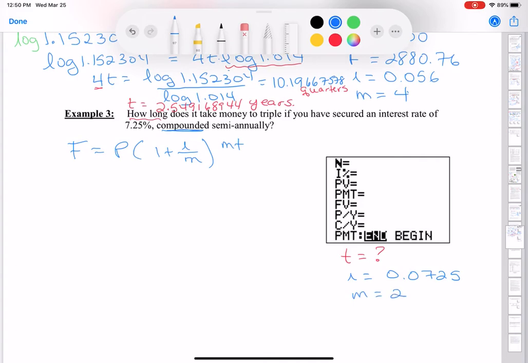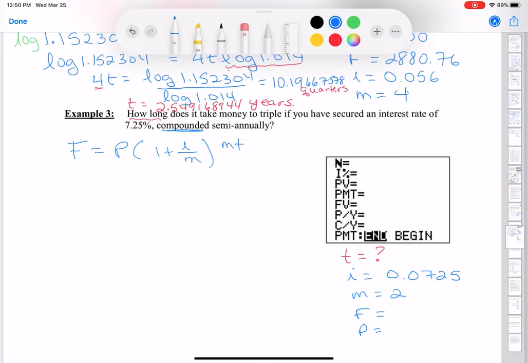Now, what I don't know are my future value and my present value. They've been completely left out of the question. All I know is that my money has tripled. So this is a situation where you can use whatever values you want as long as your money is tripling. So you could use a P value of $10, and then your future value is $30 because it's tripling.